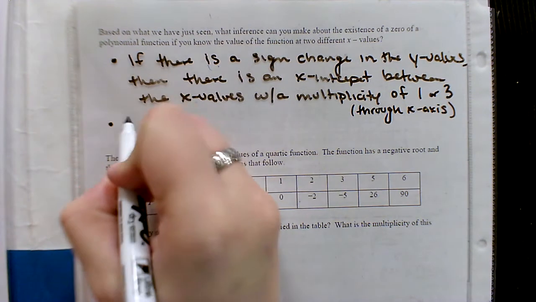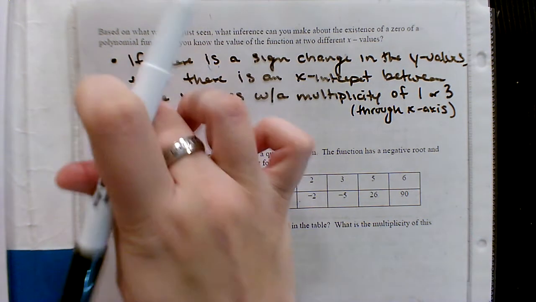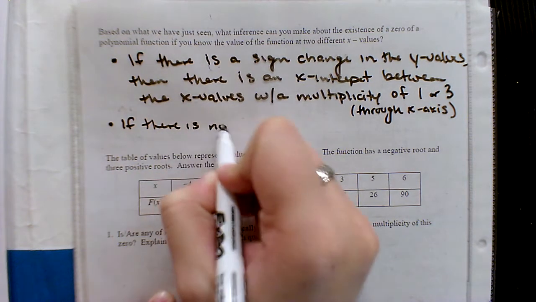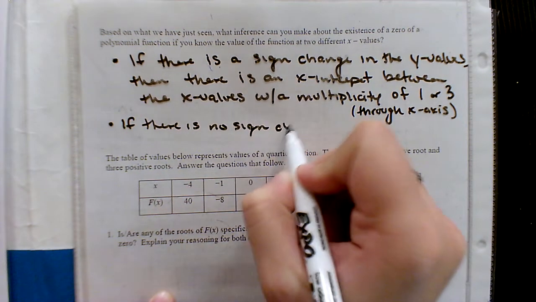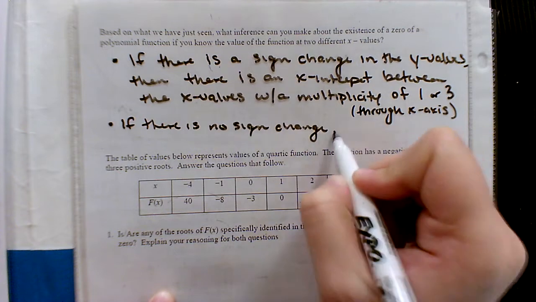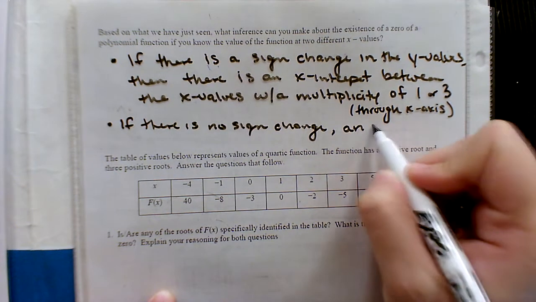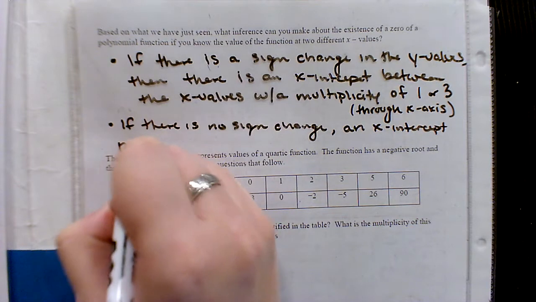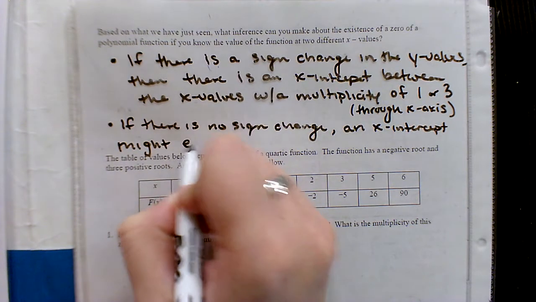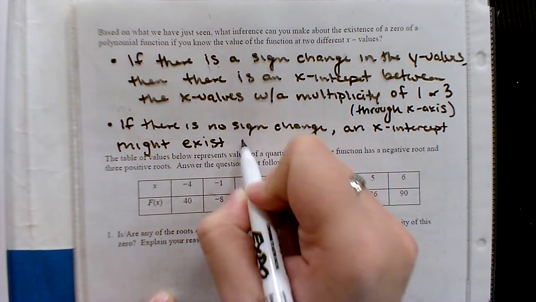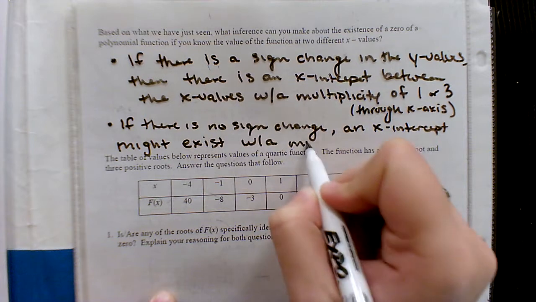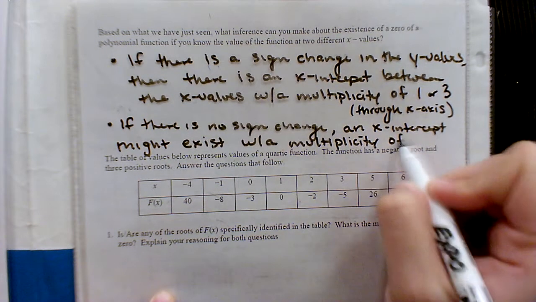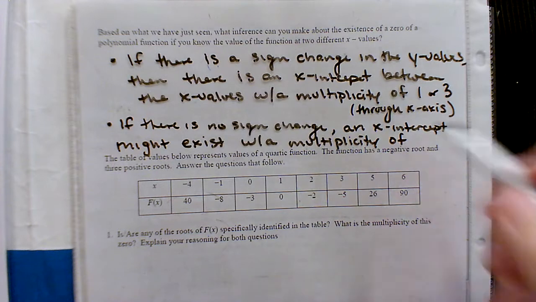Okay, let's go ahead and talk about the other one. If there is no sign change, an x-intercept might exist with a multiplicity of 2.